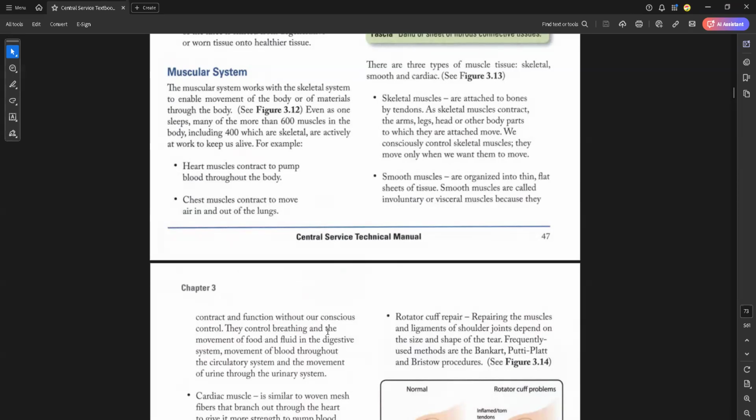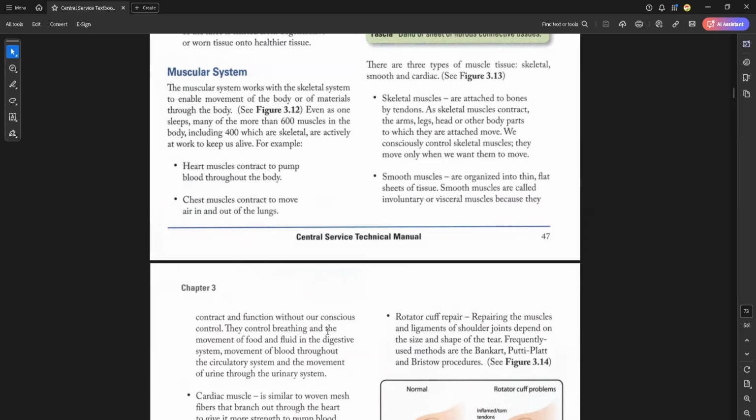They are organized into thin, flat sheets of tissues. Smooth muscles are called involuntary or visceral muscles because they contract and function without our conscious control. And I like this one very much because you don't have to instruct them. With the skeletal muscle, you will command them that I want to walk, and you walk.